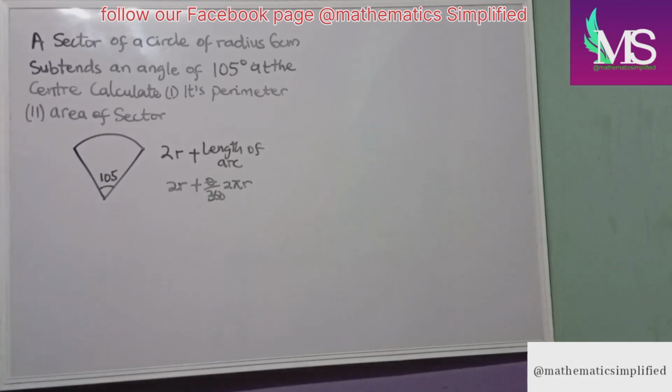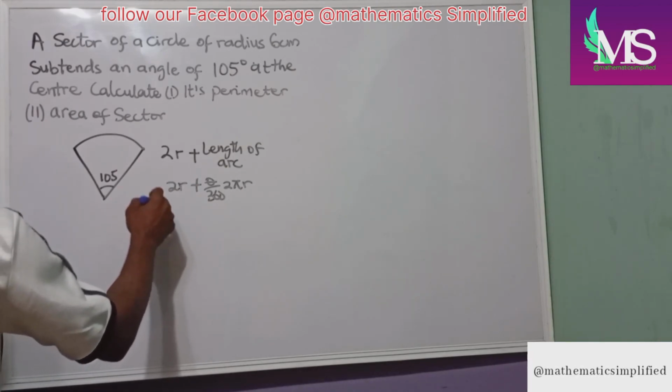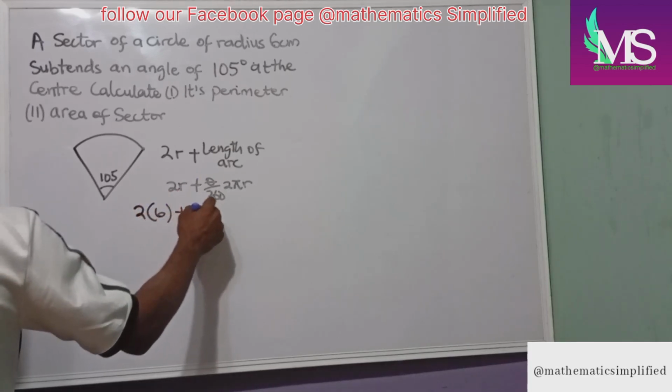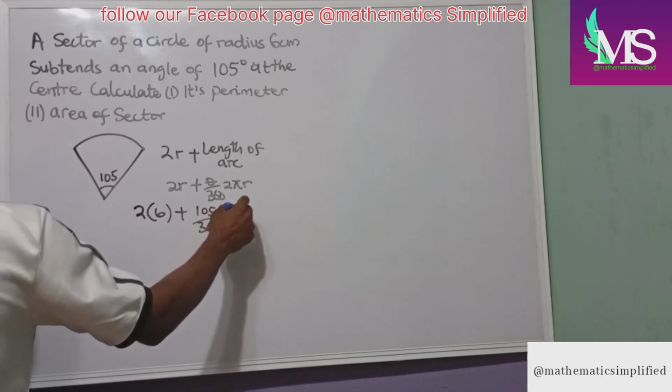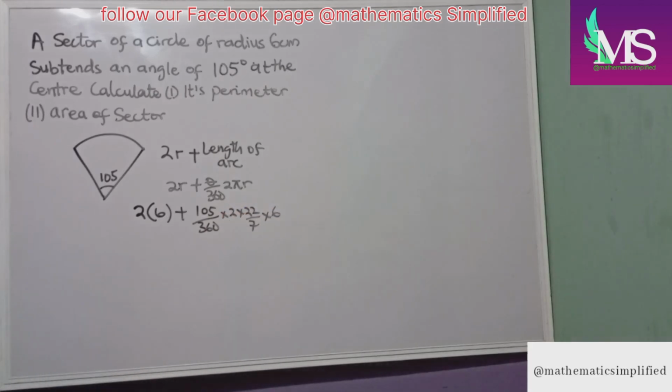Now this will be the formula for our perimeter: 2 bracket r, r is 6, plus theta is 105 over 360 times 2 times 22 over 7 times 6.